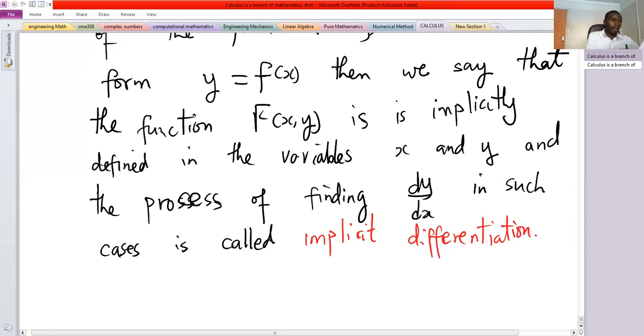That's what we call implicit differentiation.